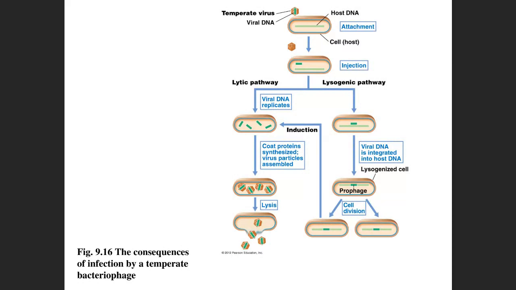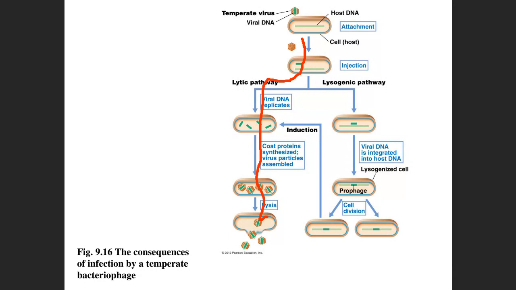So what happens is Lambda has 2 capabilities. One, it goes through the normal lytic cycle. So you see, follow the red line and it goes in, kills the host and then comes out. That's it.